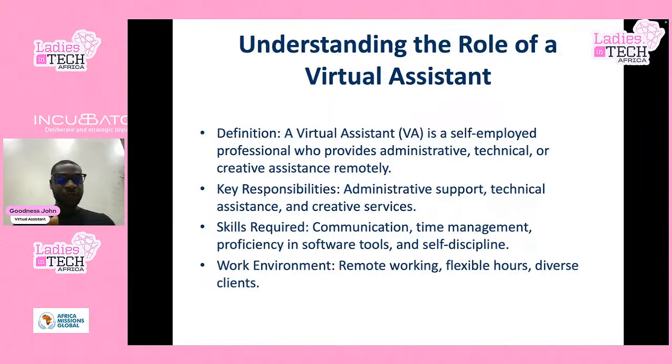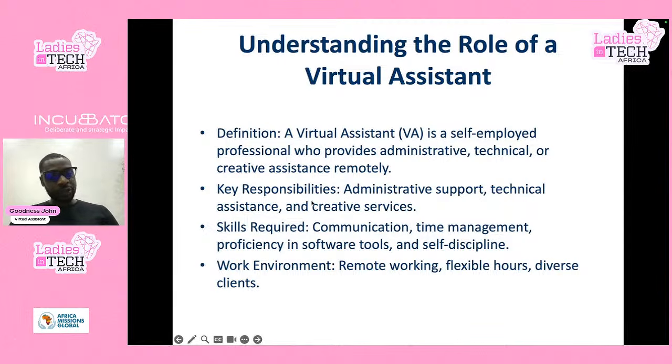The definition of a virtual assistant is a self-employed professional who provides administrative, technical, or creative assistance remotely. Get that word, remotely. That's why we all say we work remotely, because we are virtual assistants technically.